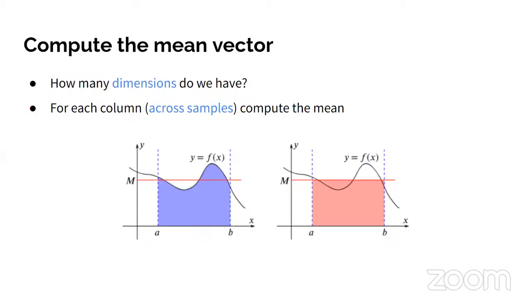For each feature, I want a specific mean. So I'll have three means. Mean is just taking the average of each feature. You have three dimensions, so you'll have three means. That is how you get the mean vector.